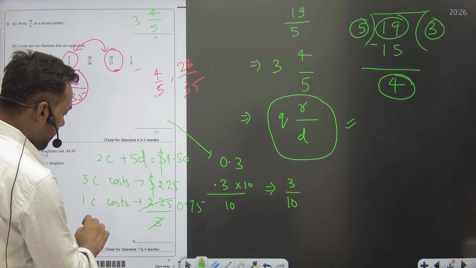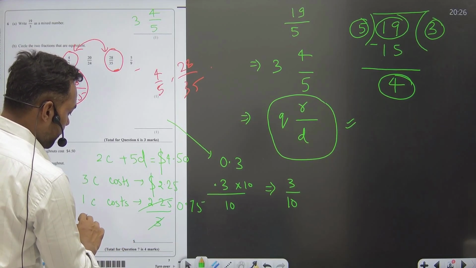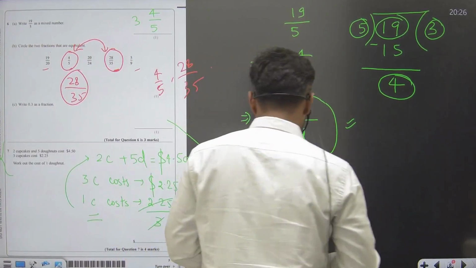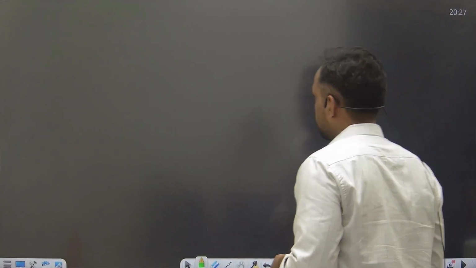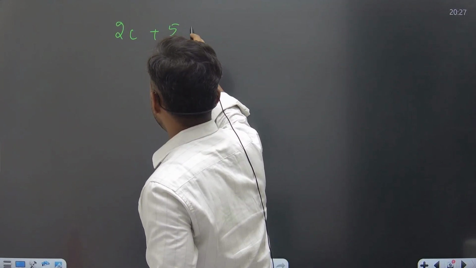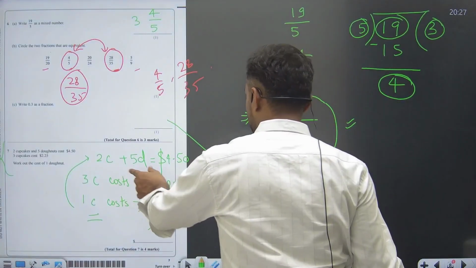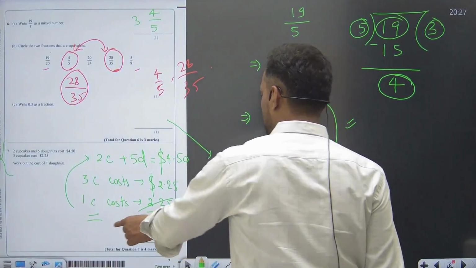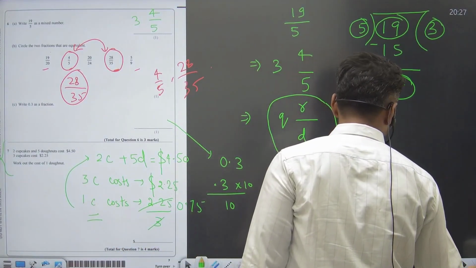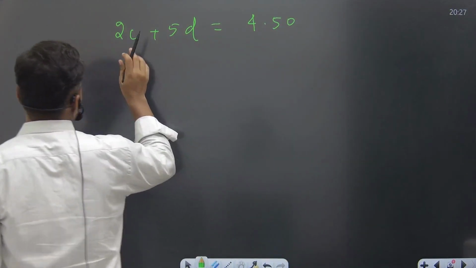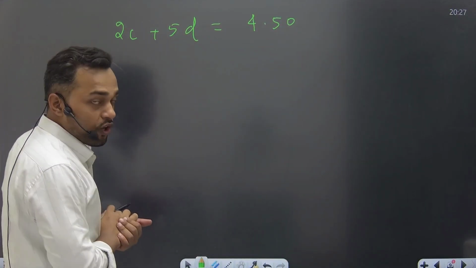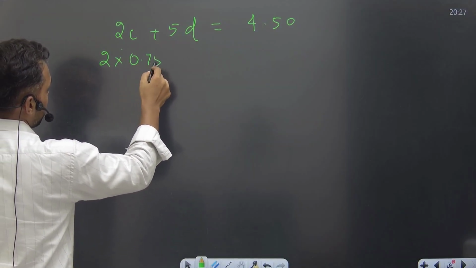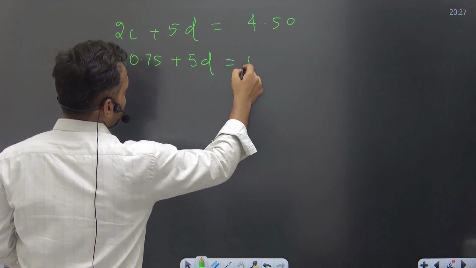Now that we have the value of one cupcake, we can plug it into this equation, 2C plus 5D, which is equal to 4.50. Since one cupcake costs 0.75, for two cupcakes it will be 2 cross 0.75, plus 5D is equal to 4.50.